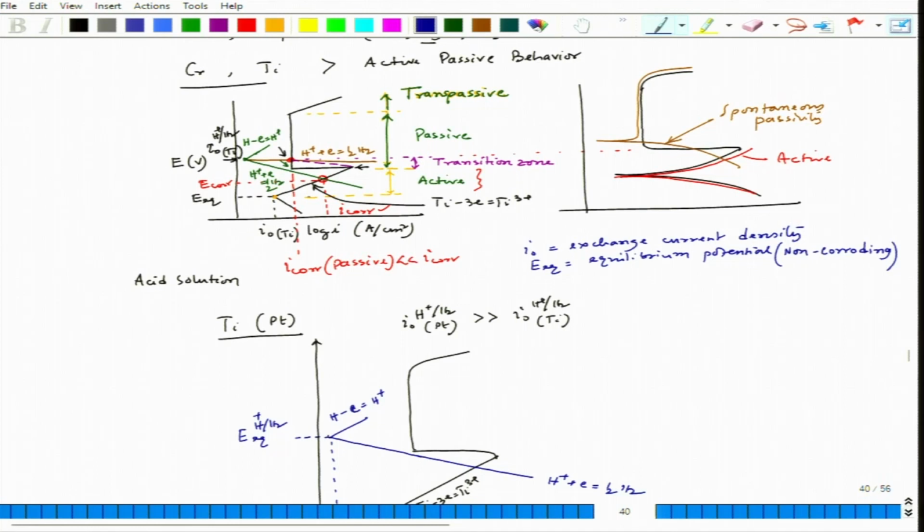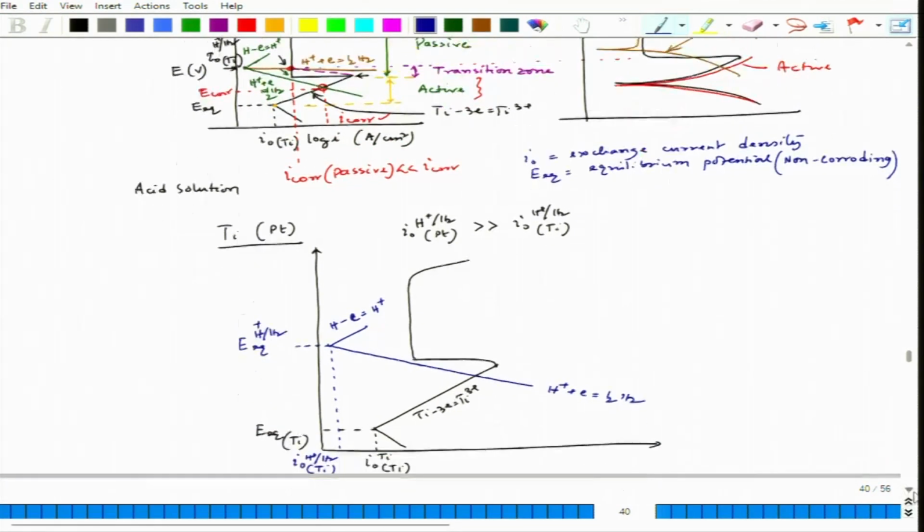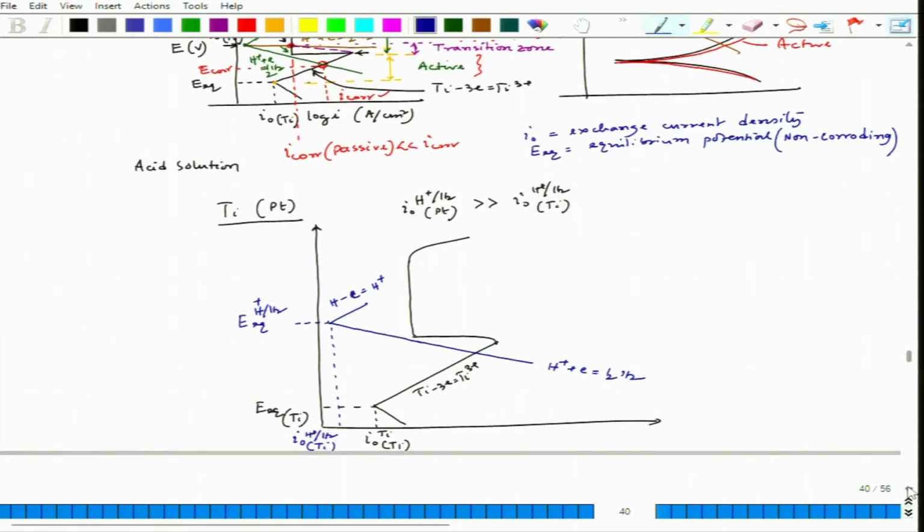And similarly, when I write I0 for H+/H2, that means we are considering the hydrogen reaction on the titanium surface. The subscript is basically the metal on which the hydrogen reaction, or metal dissolution or deposition, is taking place. That is the connotation we are using here.